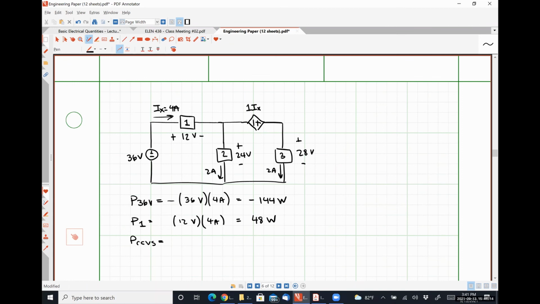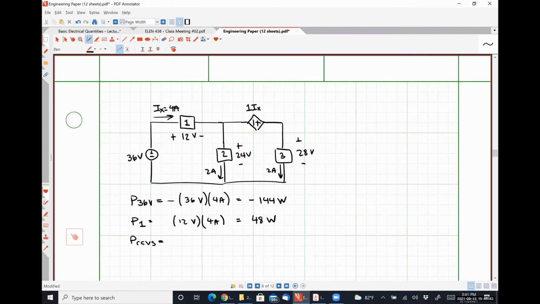What is the voltage drop across my current controlled voltage source? This one's a little tricky, arguably. What does the magnitude say? 1 times Ix. What's Ix? 4 amps, right? So that's 1 volt per amp times 4 amps is 4 volts.